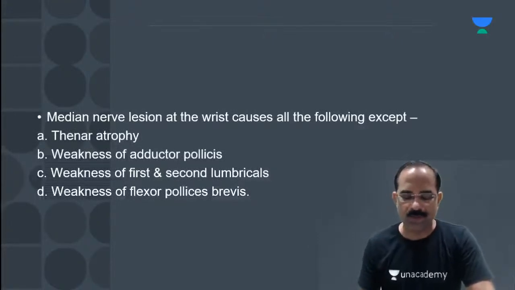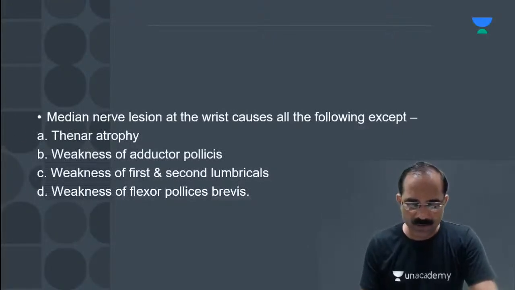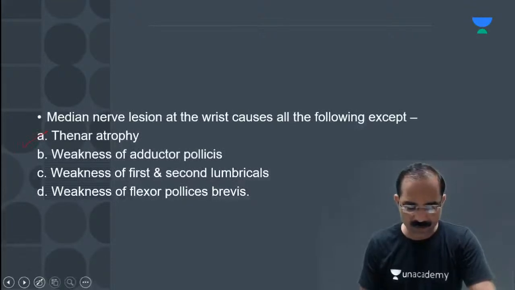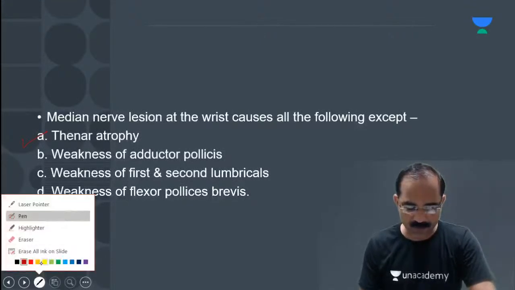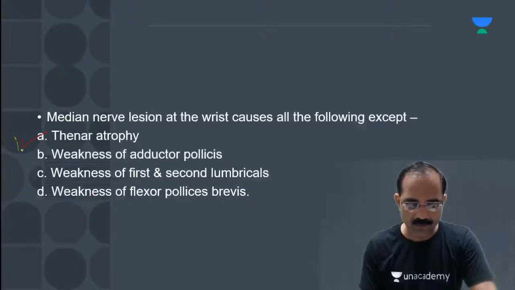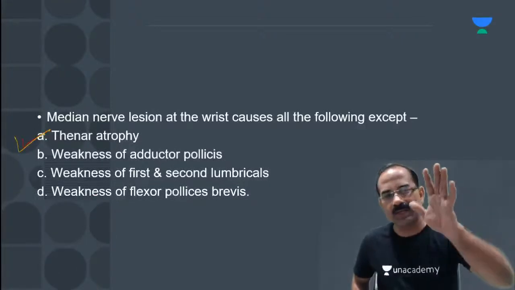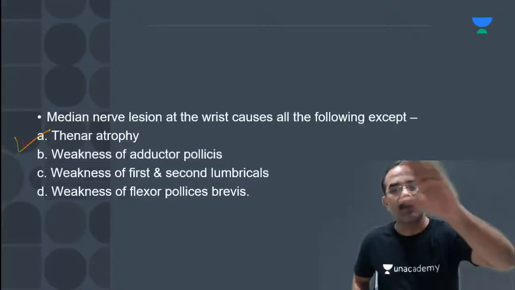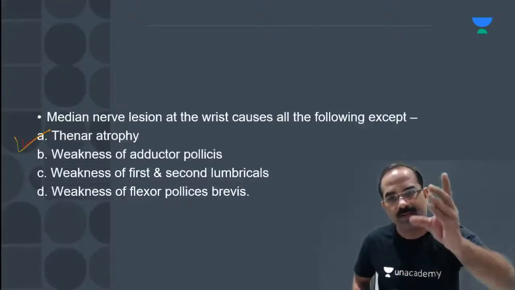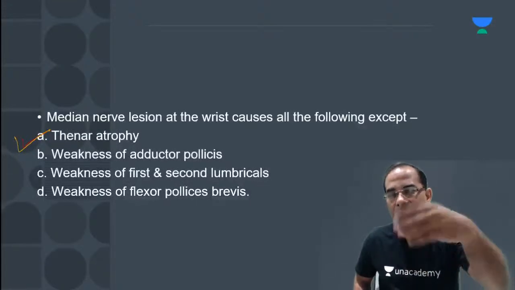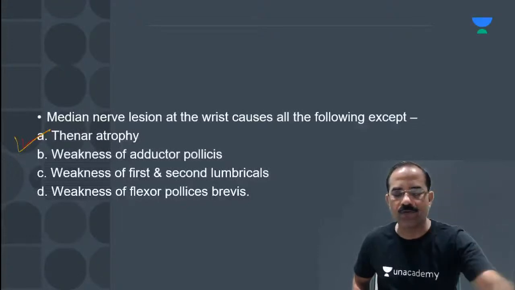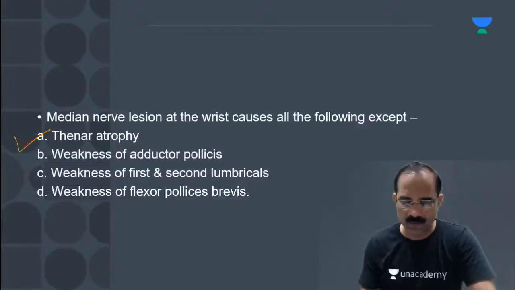We'll go to the options. Median nerve lesion at the wrist. So thenar atrophy, is it correct? Thenar atrophy will be there because the median nerve supplies the muscles of thenar eminence. And when the muscles of thenar eminence are paralyzed, they will shrink, they become small in size, and that's atrophy. So thenar atrophy is correct.